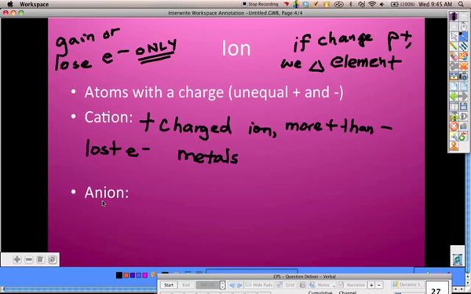Some of them don't even really exist. Once you get to those new ones up there, the Ds, Rg, Cn, Fl, and Lv, those have just recently been named.